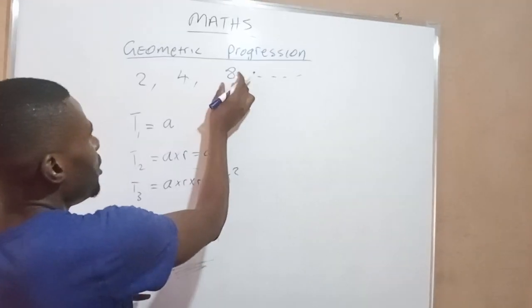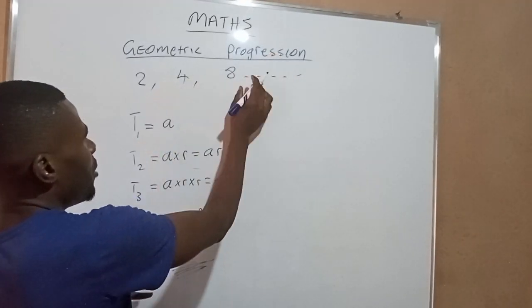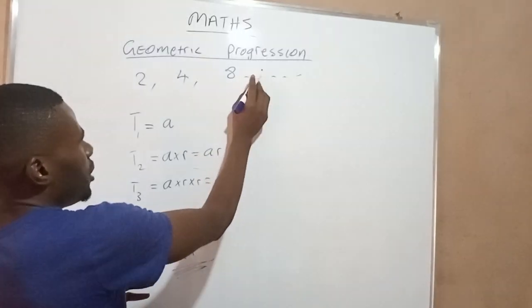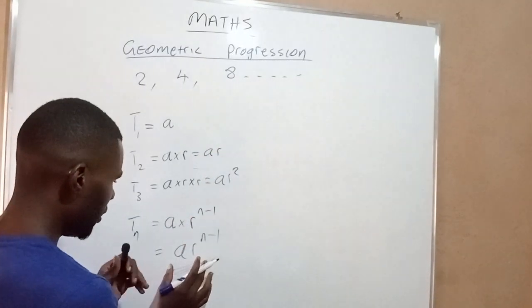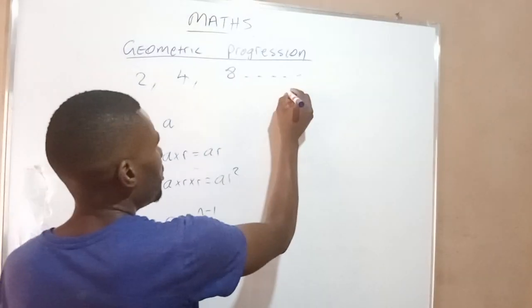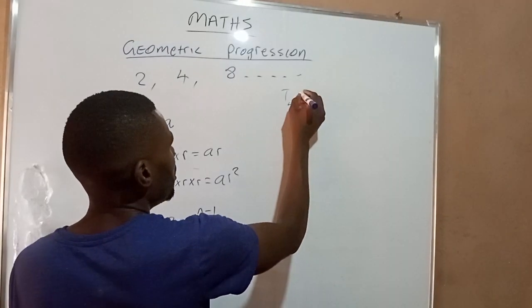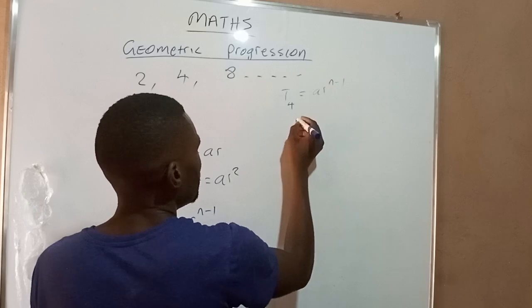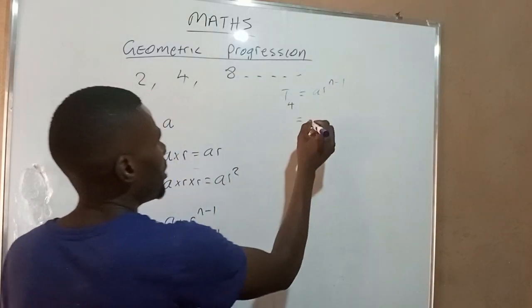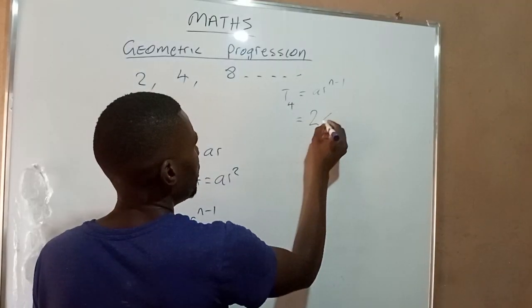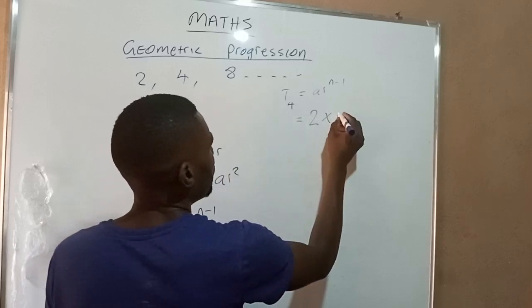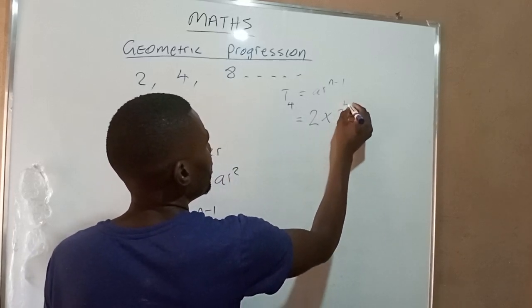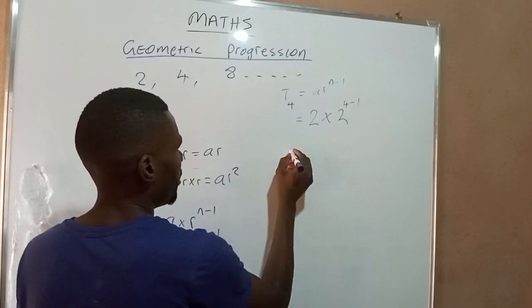For example, if we want to find term number 4, we know that 8 times 2 is 16. We can verify using this. We can say term number 4 should give us AR^(n-1). Term number 1 is A, the common ratio is 2, n is 4 minus what? 1.